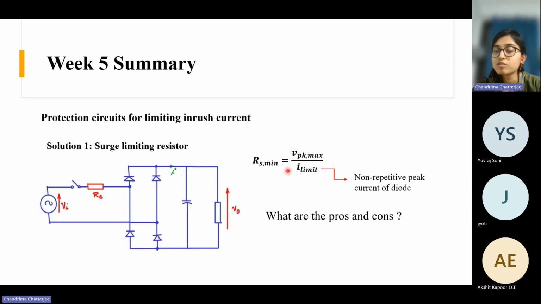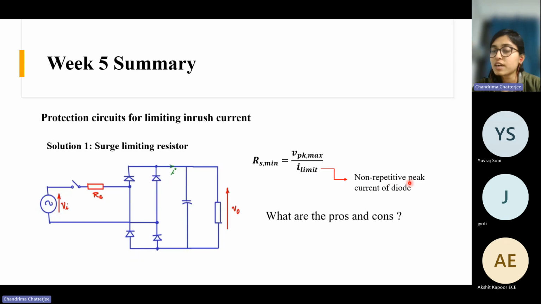And what is the limiting current? The current will be the non-repetitive peak current of the diode. In the diode datasheet, you will see a parameter called the non-repetitive peak current. Non-repetitive means it can't withstand this current multiple times, it can withstand that current only once.